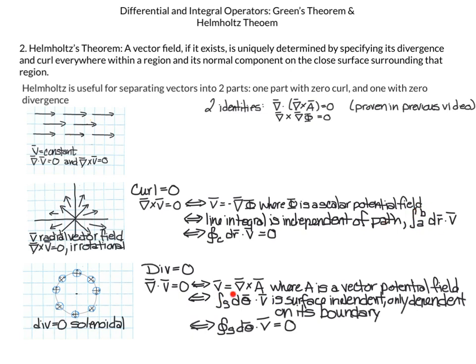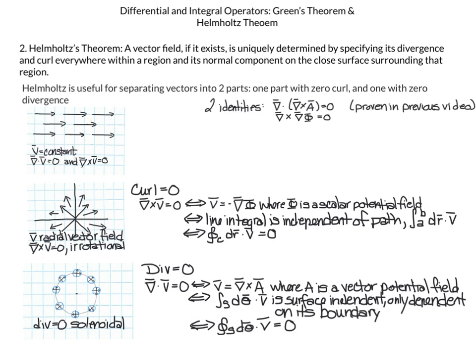So here when we do the surface integral, all we need to know is its boundary. We don't need to know its surface. And then finally, that means that over a closed boundary, like what would be a closed boundary? If our boundary is, say, a closed circle of our surface, then the surface integral will equal zero.